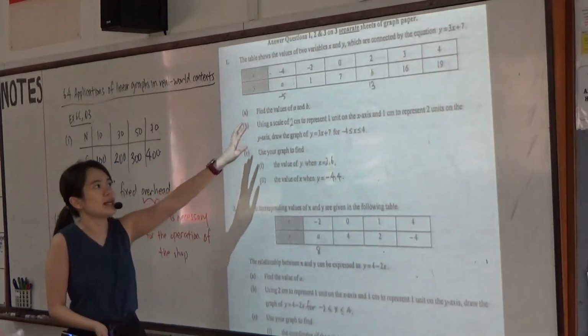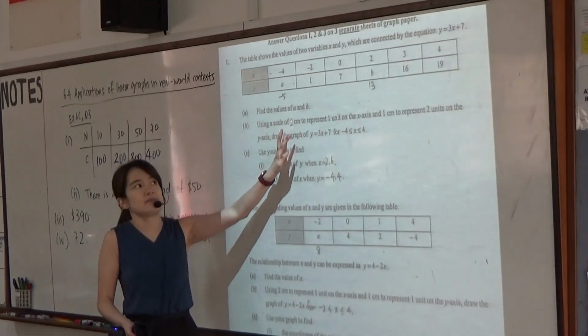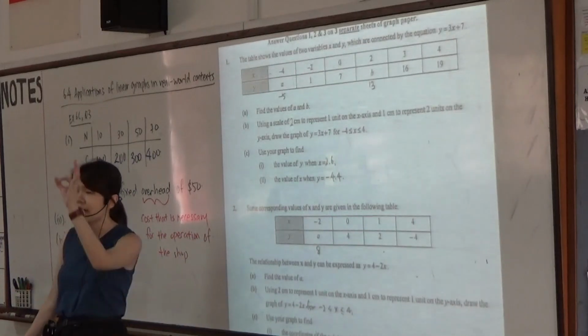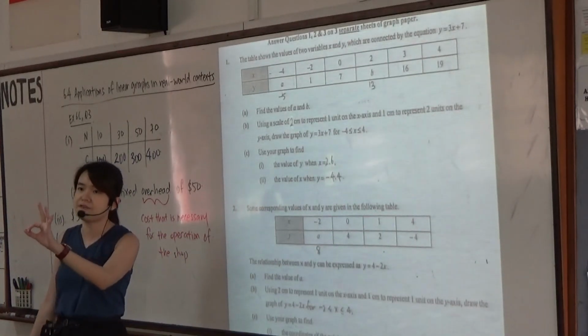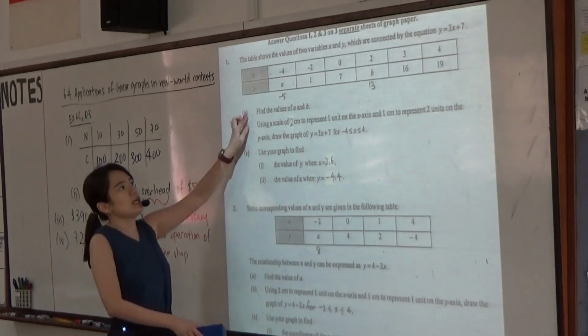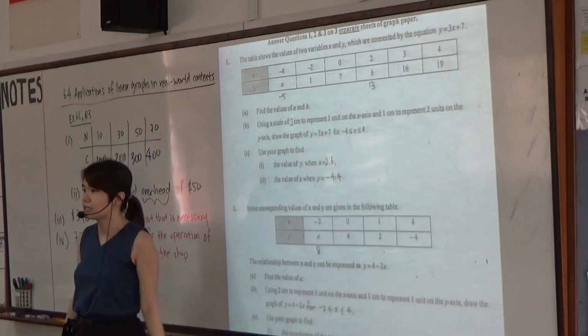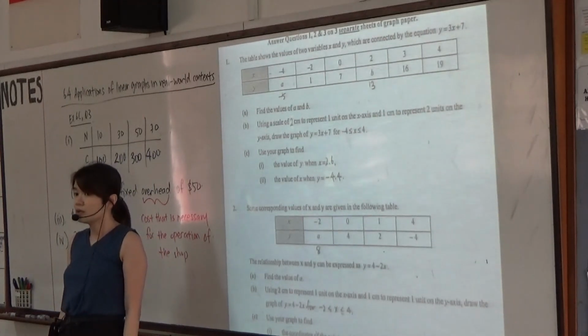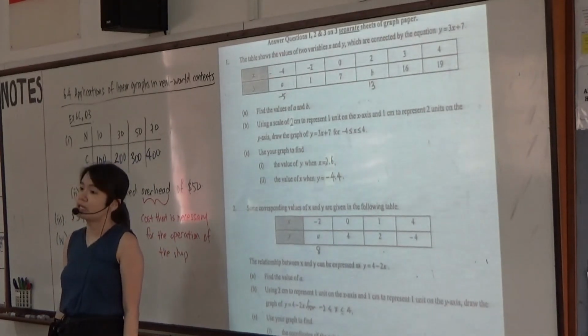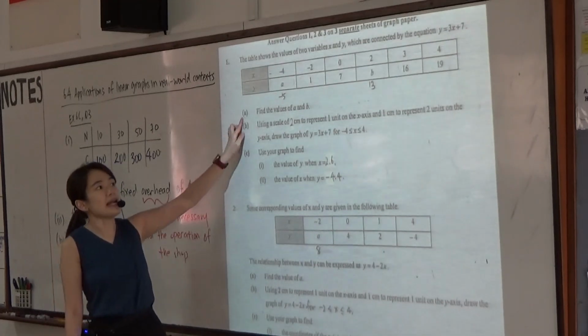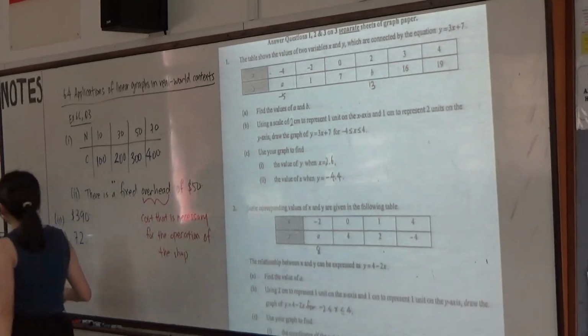In part A, we want to find the values of A and B. For questions 1, 2 and 3, please use a separate graph paper, so I expect 3 graph papers when you submit homework. Part A, to find the values of A and B, where should you write the answer? What did I teach you in class? Behind the graph paper. So part A answers go behind the graph paper.